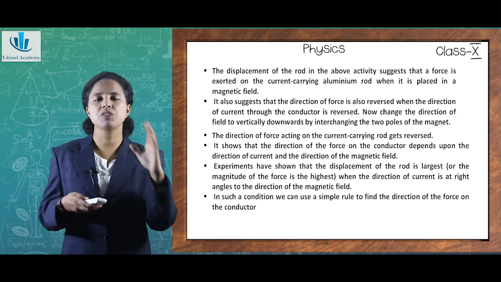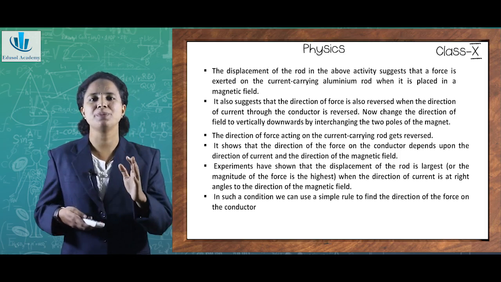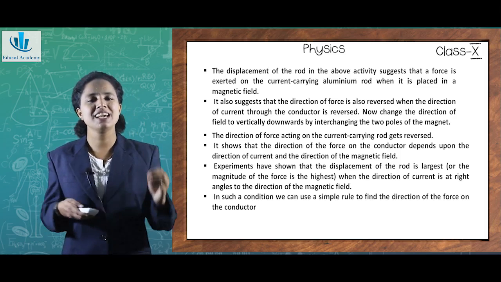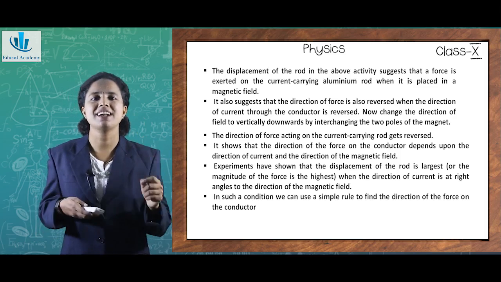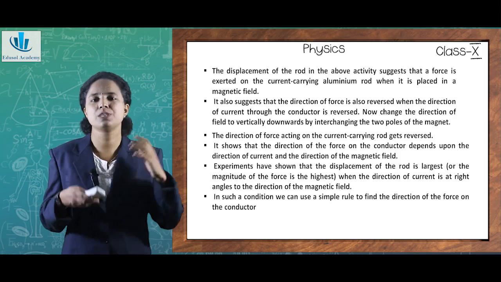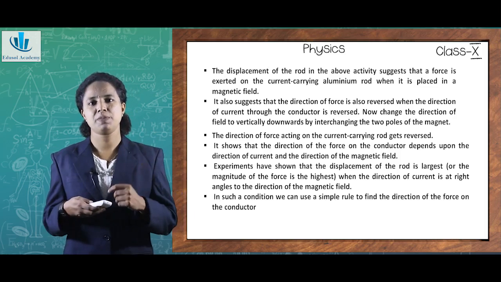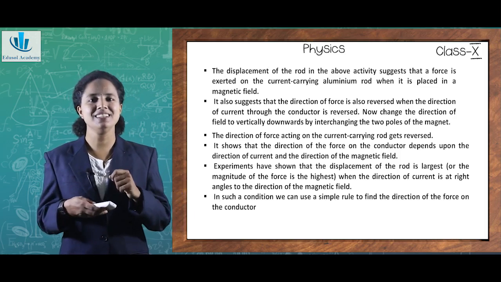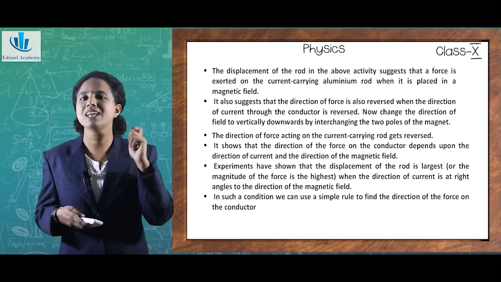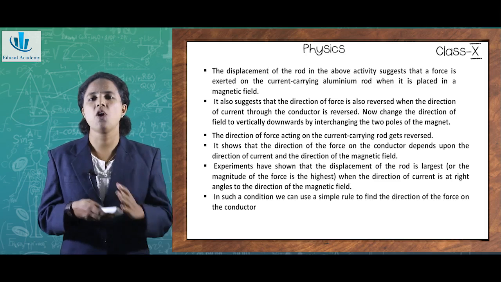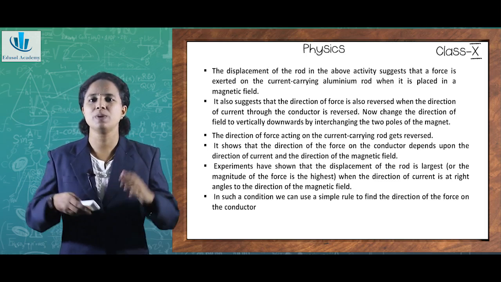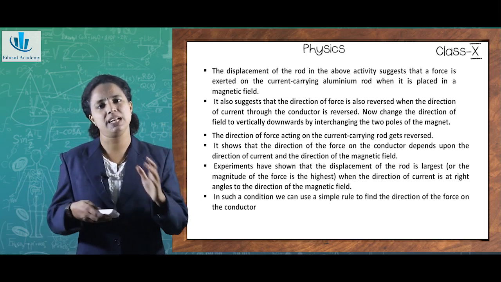The displacement of the rod in the above activity clearly states that a force is exerted on the current carrying conductor rod when it is placed in a magnetic field. Here, which is the current carrying conductor that we have used? We have used an aluminum rod, isn't it? So the force will be exerted on any current carrying conductor when it is placed in a magnetic field.